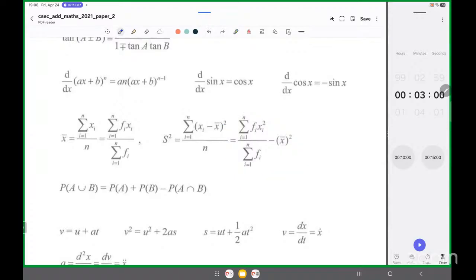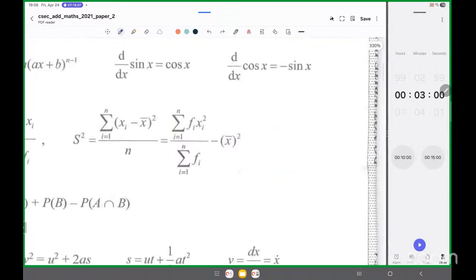So if I were to write this formula in a simpler way, the standard deviation would be the square root of the sum of x squared over n, minus the mean squared.